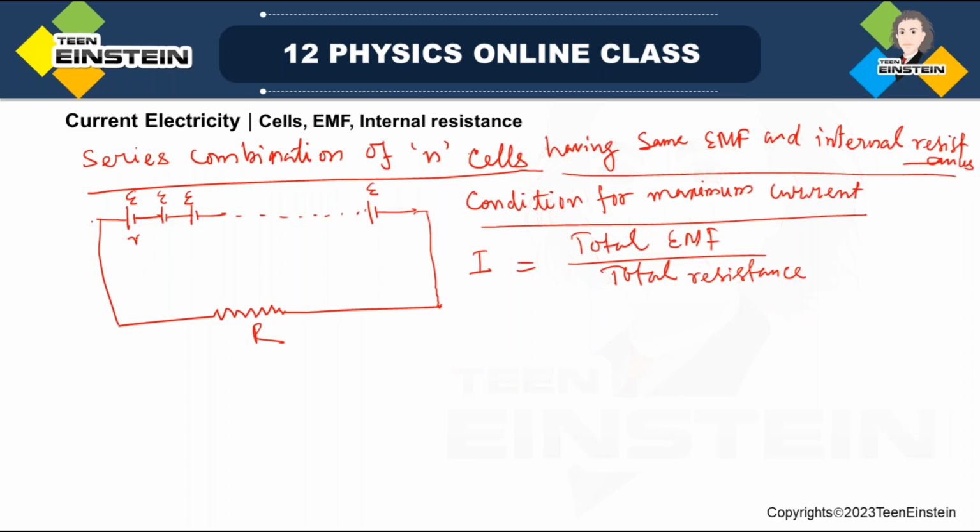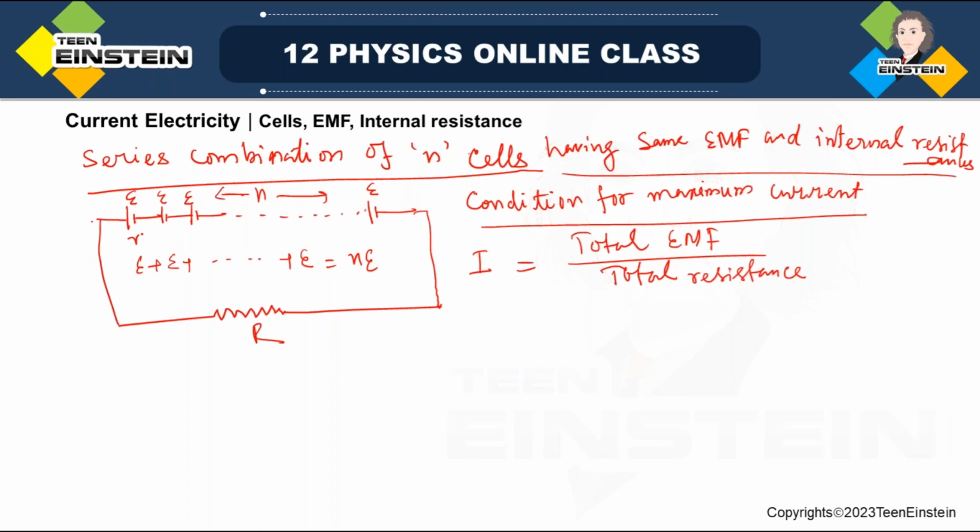So what is the total EMF here? There are n such cells in series. If I add E plus E and so on up to n number of cells, n terms, it will be n into E. Total EMF will be nE, right?